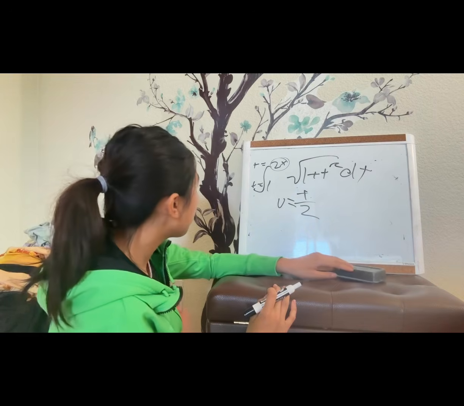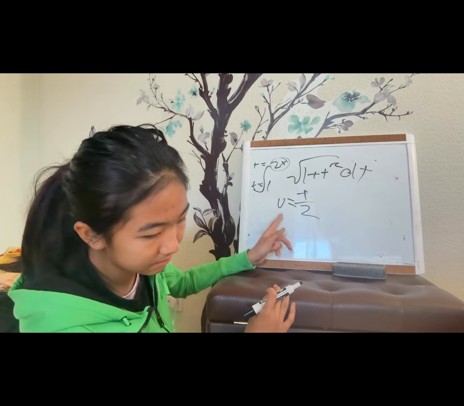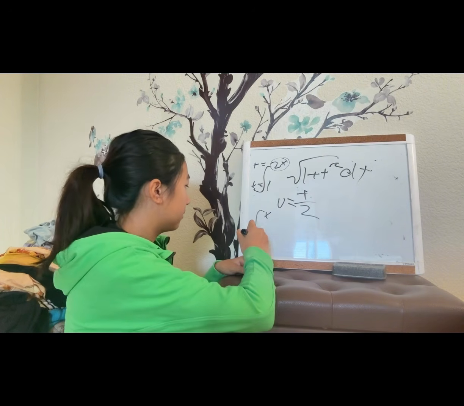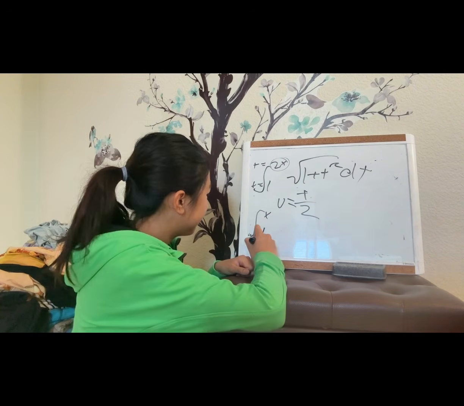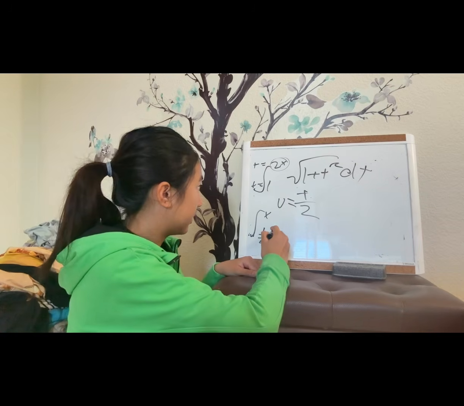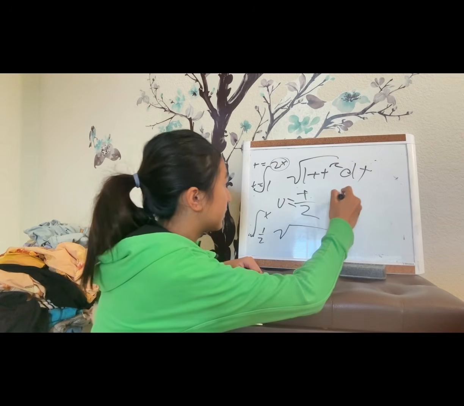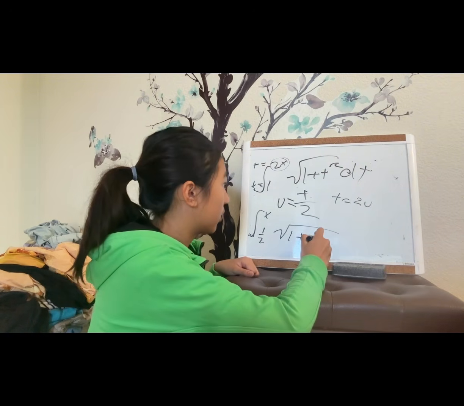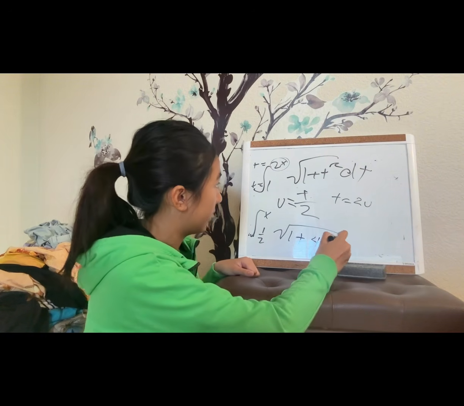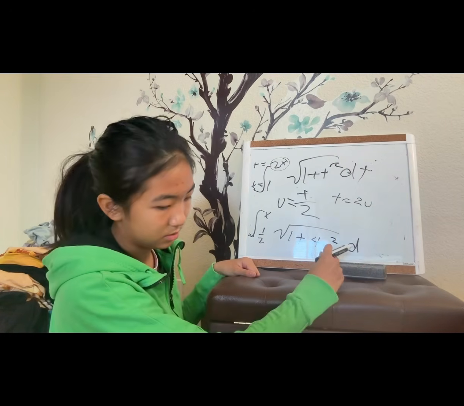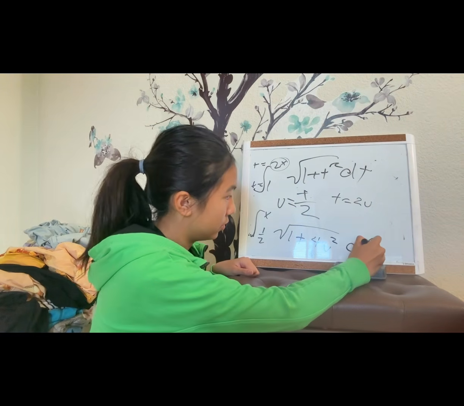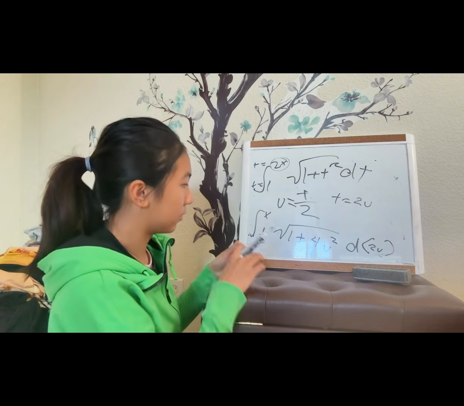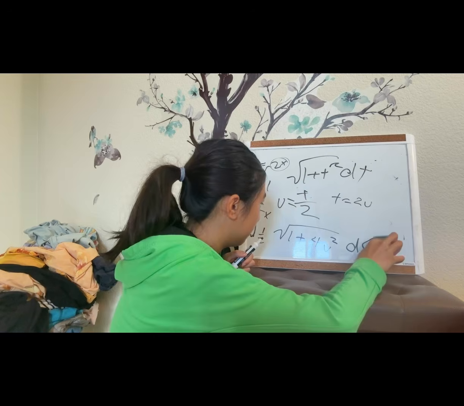Okay, so if we plug that in, this becomes the integration from 1/2 to x, and then this becomes the square root of 1 plus 4u squared, d(2u). Okay, and so we can also bring this 2 outside.